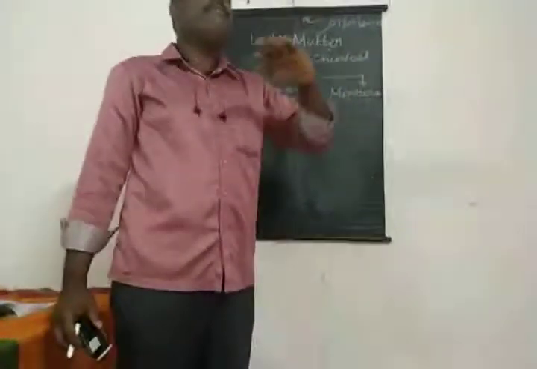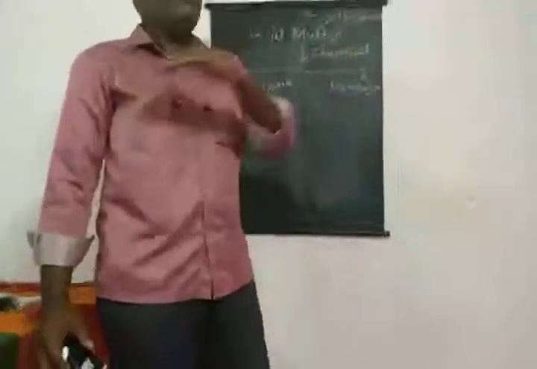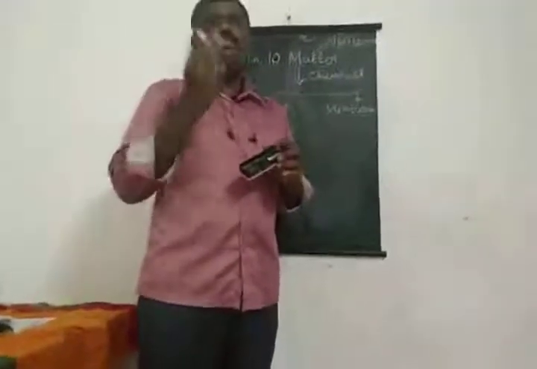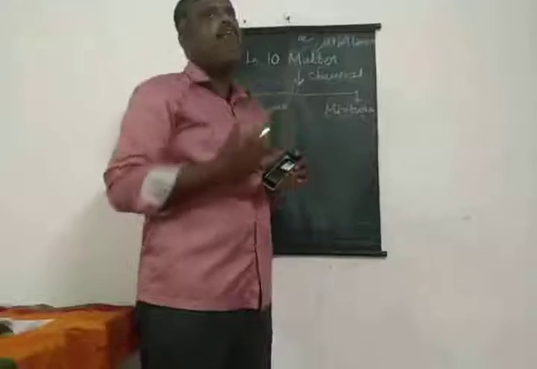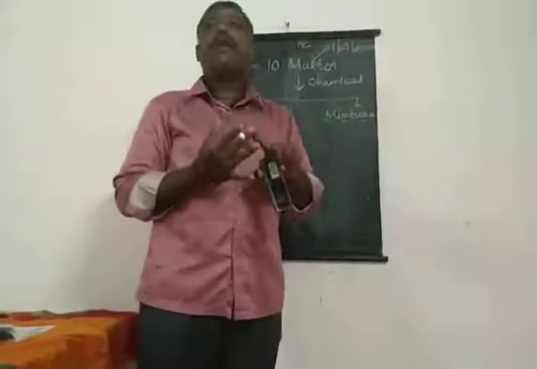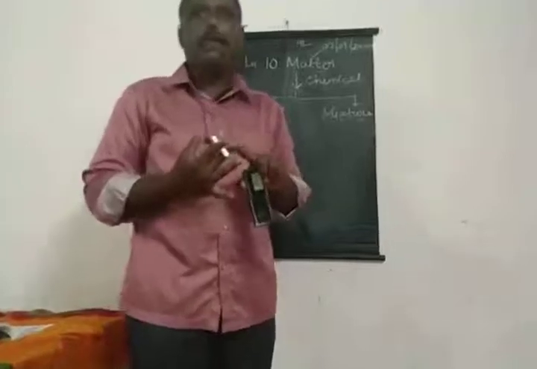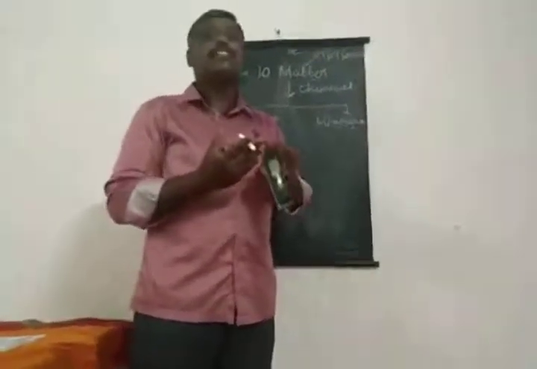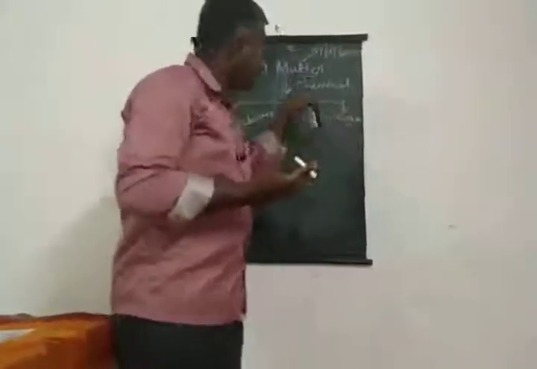So what is meant by physical and what is meant by chemical? Physical means we have to see the appearance. For example, if you take an object, what is the color? What is the shape? Suppose we apply temperature, what will happen? These are all the characteristics of physical. What is meant by chemical?